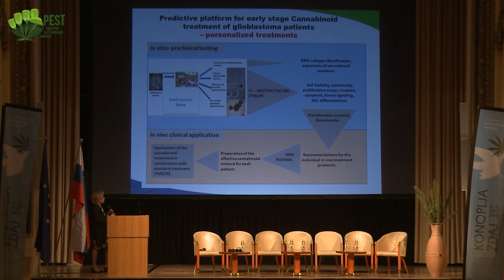And so then, of course, there's a lot of data. We are grinding up this data by bioinformatics tools and algorithms, and then we can hopefully come to a decision that if the patient has this subtype, this level of receptors, it would probably respond best to a certain combination. And this can be done in vitro on the tumor of patients while the patient is waiting for the therapy.